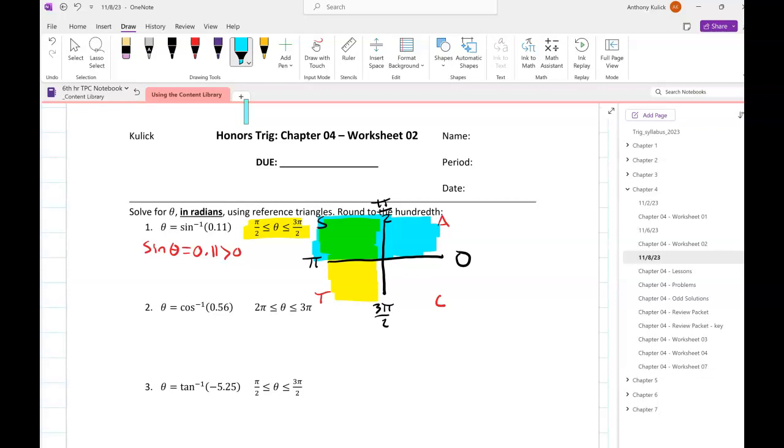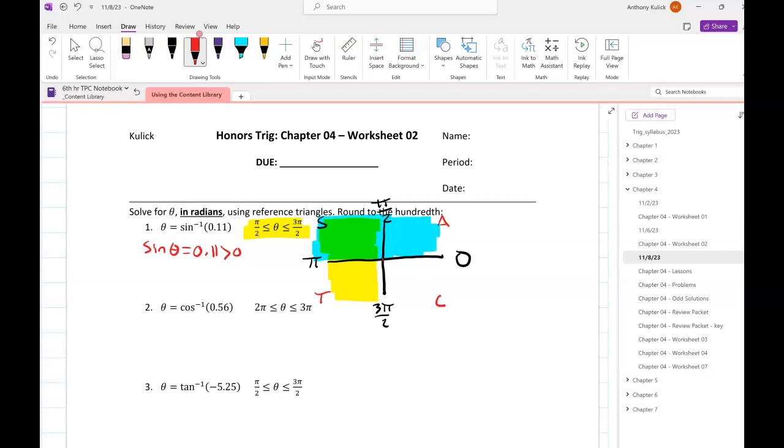And C stands for cosine is positive, which means sine and tangent are negative, so not one that we're interested in either. So sine being positive implies that we should be looking at quadrants 1 and 2. I can see now from the overlap that my answer, to be both inside that interval range and to have a positive value for sine, must be in quadrant 2.